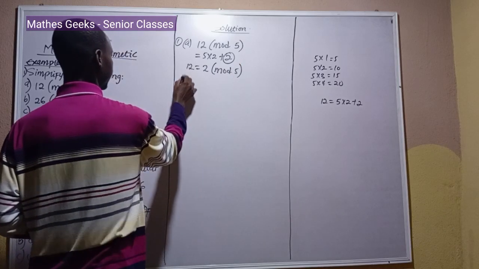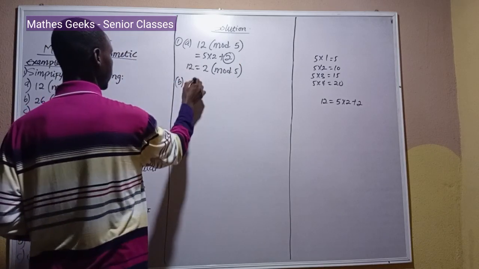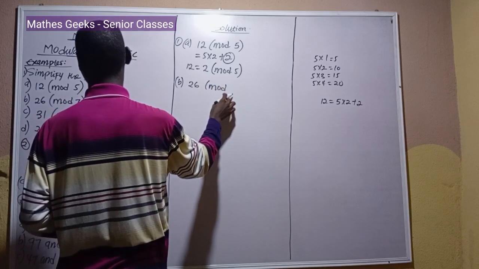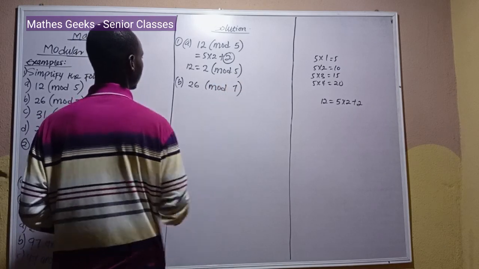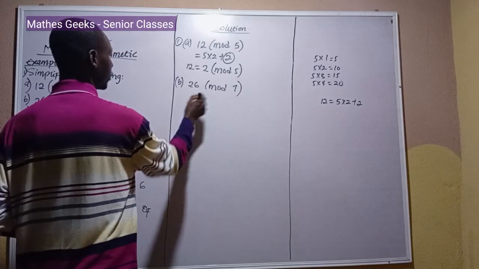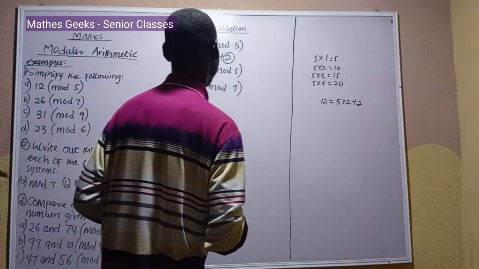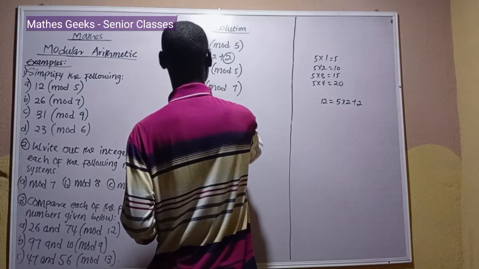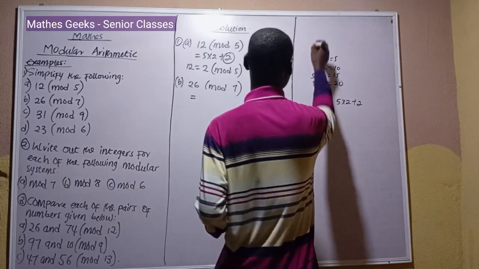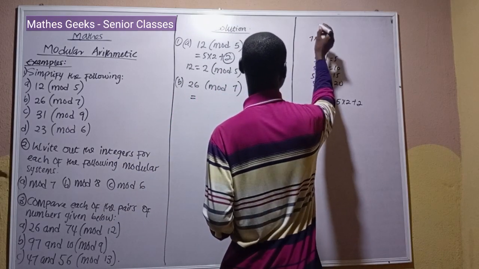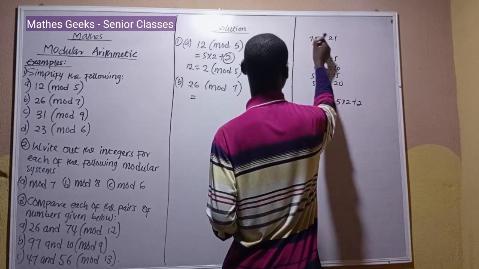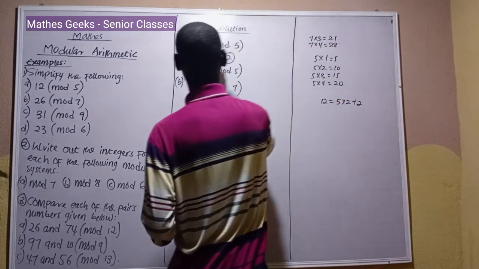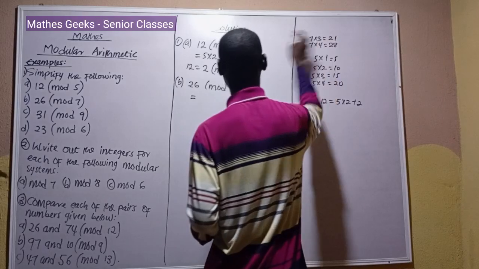That's A. B: 26 in mod 7. The multiple of 7 that's closest to 26 would be 7 times 3. 7 times 3 is 21, but 7 times 4 is 28. 28 is greater than 26, but 21 is less than 26.